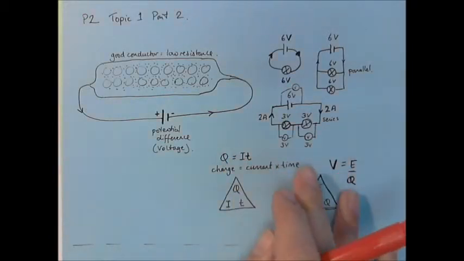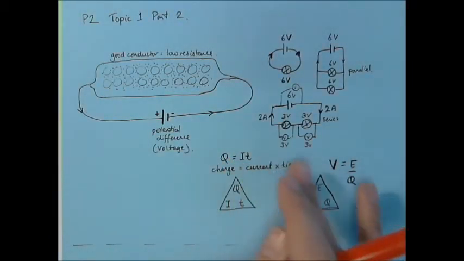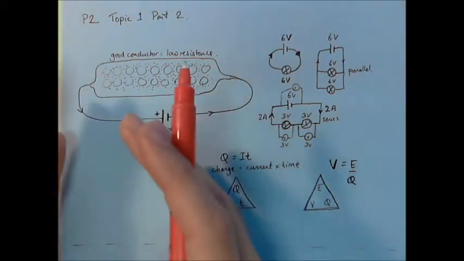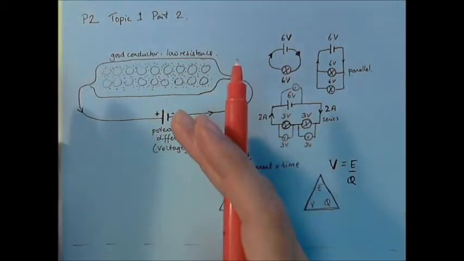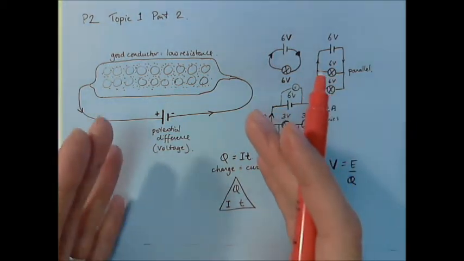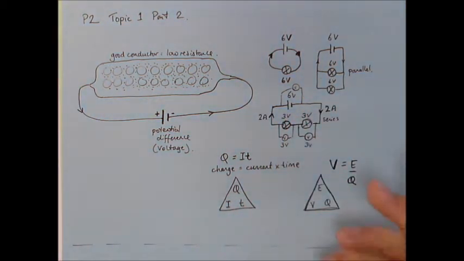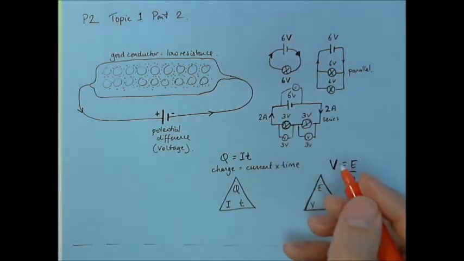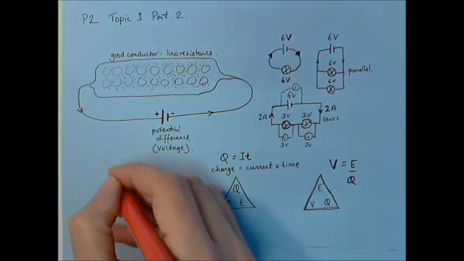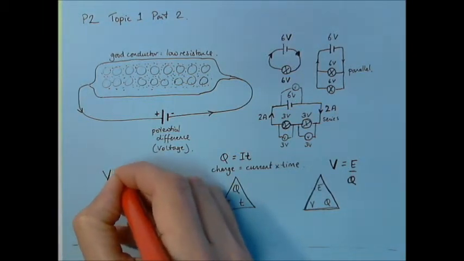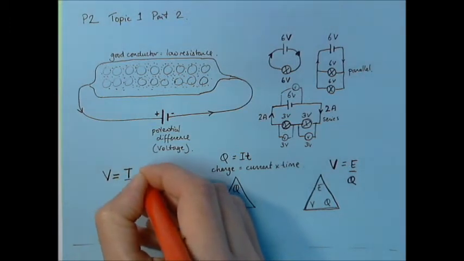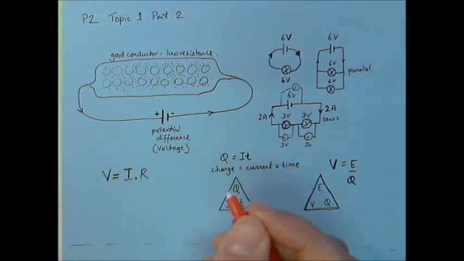And we can actually put these two equations together, because resistance is an idea of how quickly the charges, the electrons, can move through, but also how much energy, how hard it is for them. So there's a third equation which talks about the voltage or potential difference V equal to I, the current, multiplied by R, the resistance.